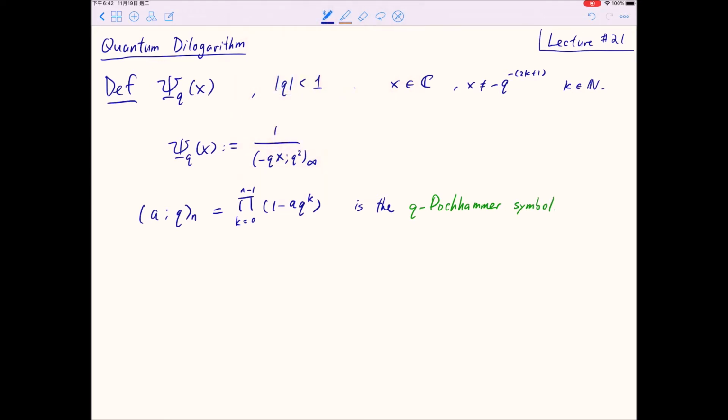For the infinity version, you basically just take the limit as n goes to infinity, so it will be an infinite product. But formally, you can also write it in terms of a power series. If you expand the 1 over Pochhammer symbols into a power series, then it has an explicit formula given by the following.